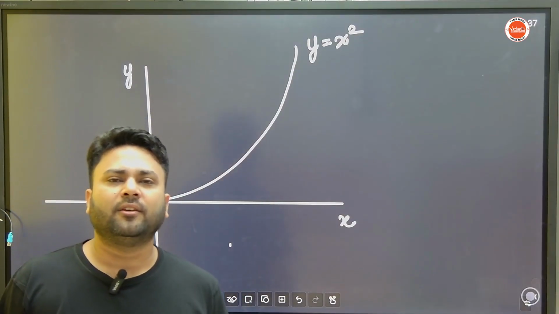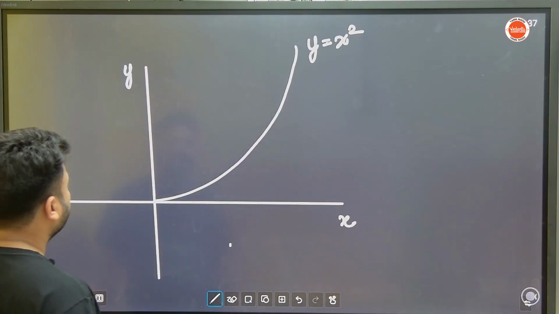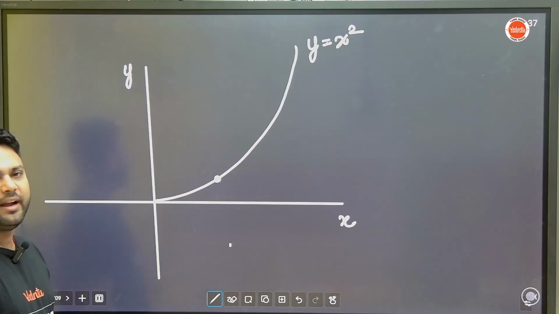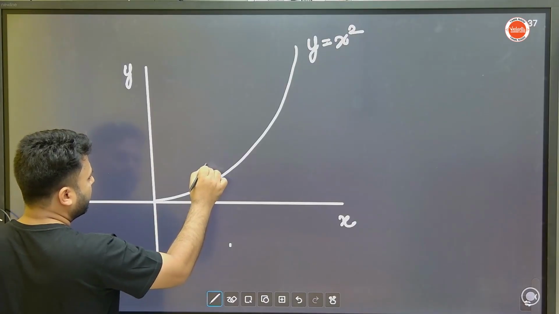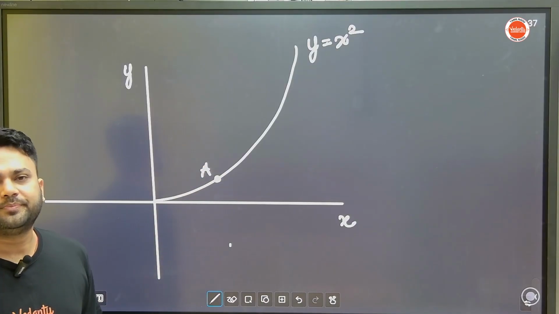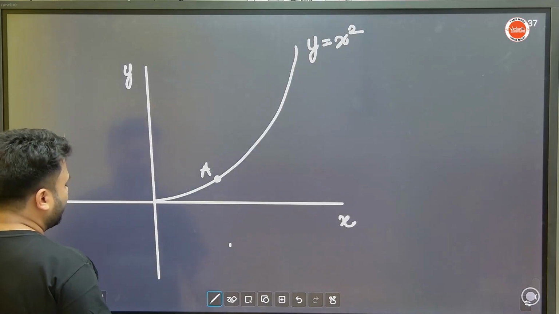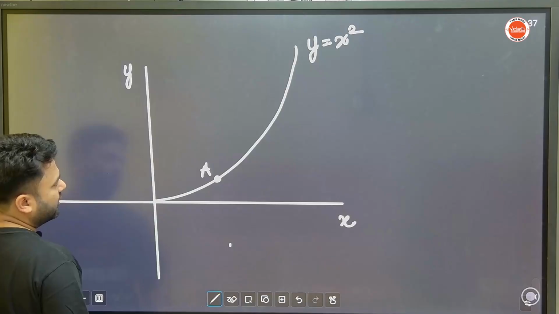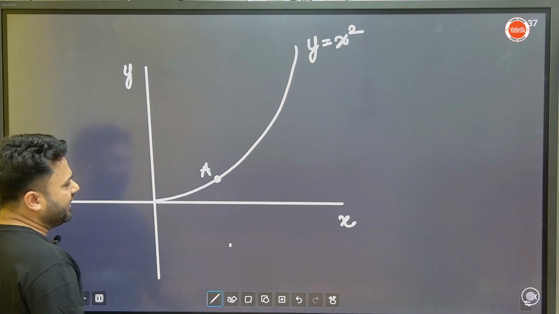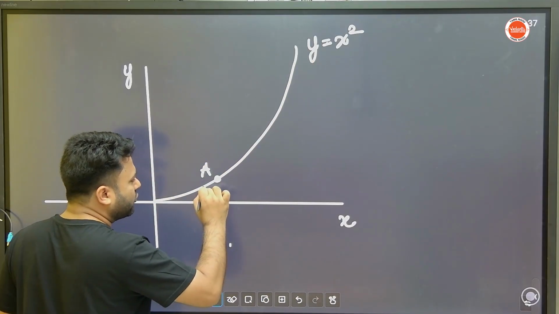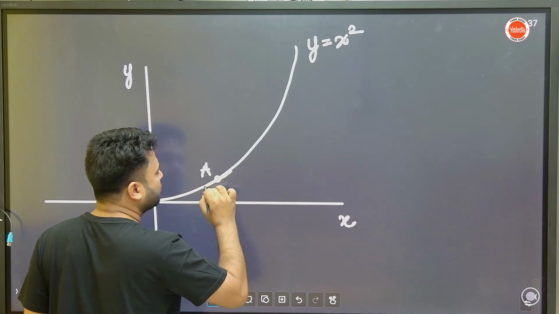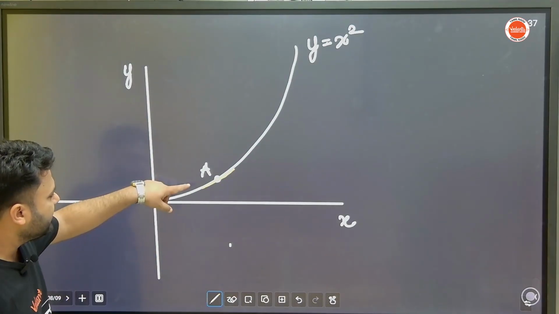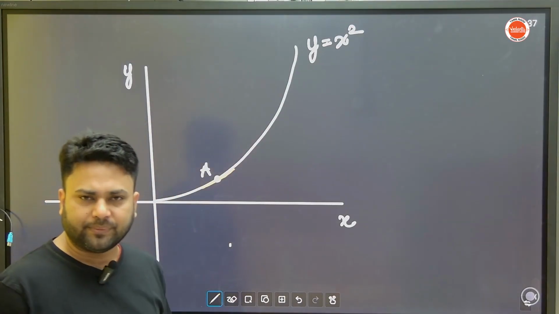If they ask what is the slope of this curve at any point, suppose this point A. So what to do? First of all, the slope of this y equals x square graph at the point A, what you have to do is draw one tangent to this curve passing through this point. Now you can visualize the slope.